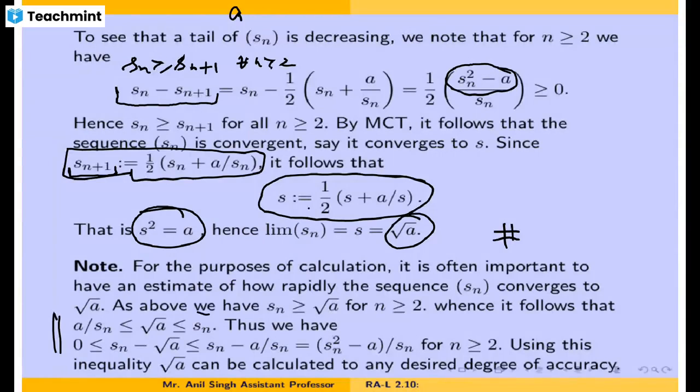If we start with S1, we can calculate this inequality and see how close we are to the square root of A, and if we are far away, we substitute n equals 2, n equals 3, up to 10, 11, 12, and so on. It depends upon the kind of S1 you choose, and up to some decimal expansions we will always be able to approximate this root of A.